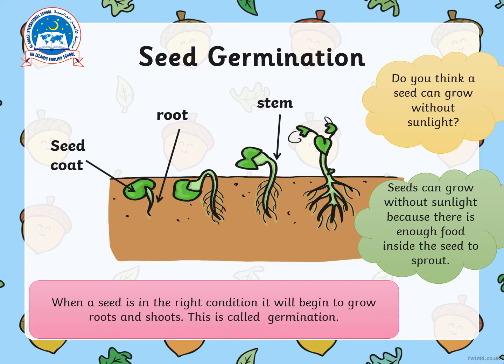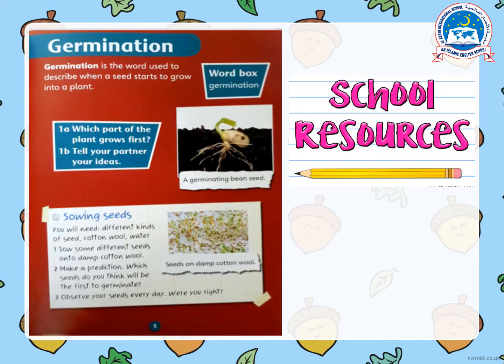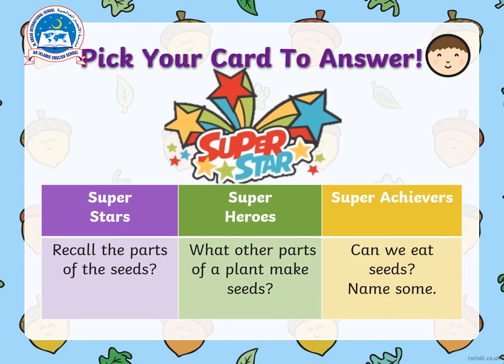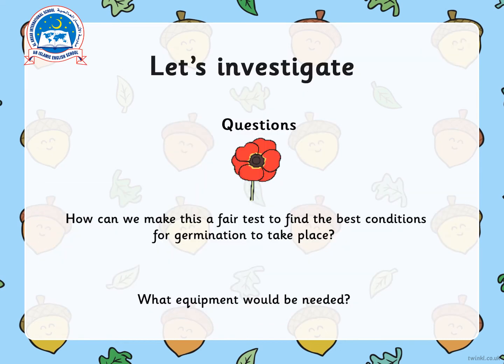It can sprout. So once it's out, it has to make its own food with the help of sunlight. You can refer to page number 5 in your science textbook. Here is some challenge for you. Pick your card and answer.